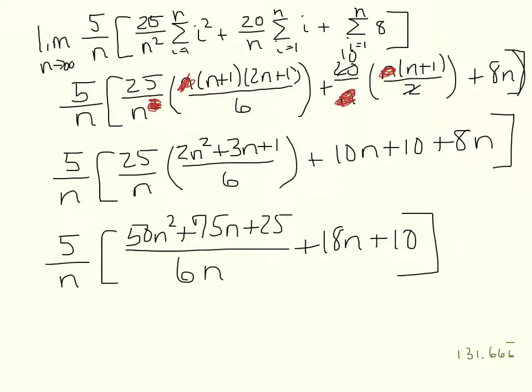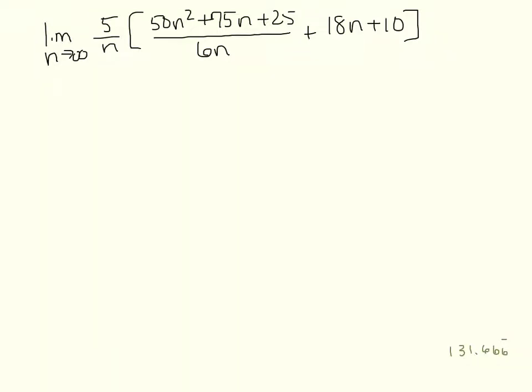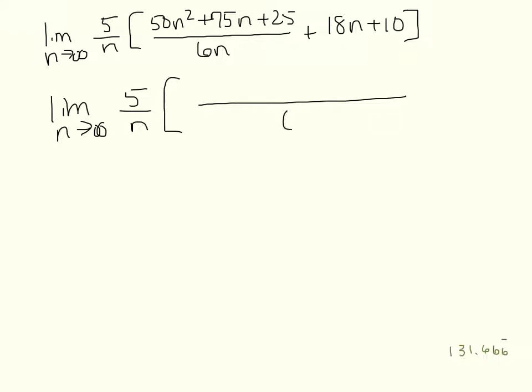Getting there. Remember, we're looking at the limit as n approaches infinity of this, hoping that it's going to come out to 131.666 repeating. All right, we're almost there. So I guess probably the next thing that we should do is get a common denominator of 6n. And for this one, I am going to keep the limit because we're getting close. So this is 5 over n, and I want to write this all over 6n.